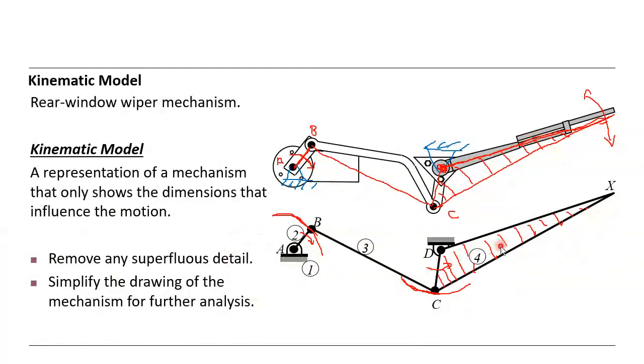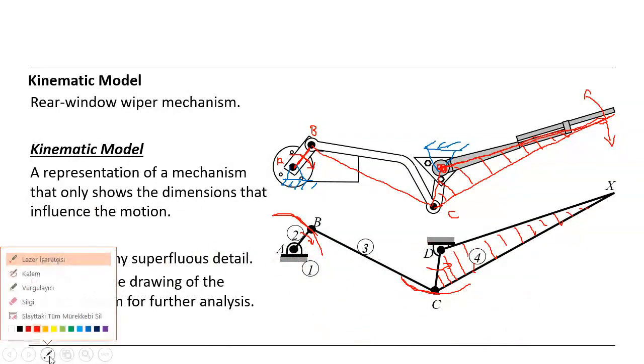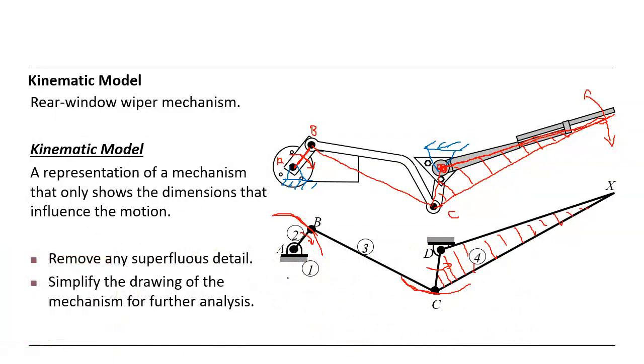And first of all, we have to check how many members the mechanism has. So we have here, let's say, member 1. I have to make this clear first: the number 1 we give to the fixed part. The A and D, we don't see that, but actually we can draw this like this.